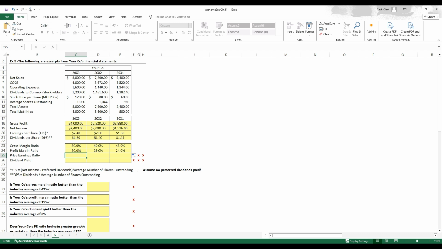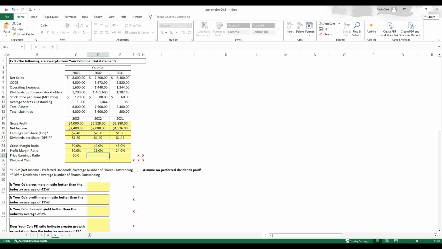So to calculate our PE ratio, we're going to take our market price per share, and I think it says here, stock price per share, divided by earnings per share, and we have that number there. So our stock price per share divided by our earnings per share gets us 50.